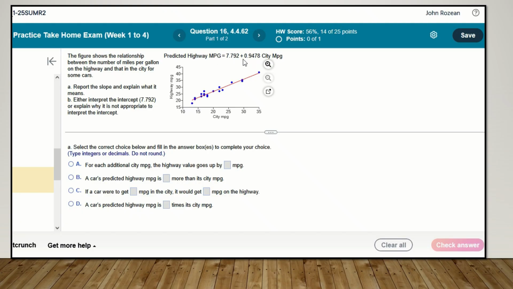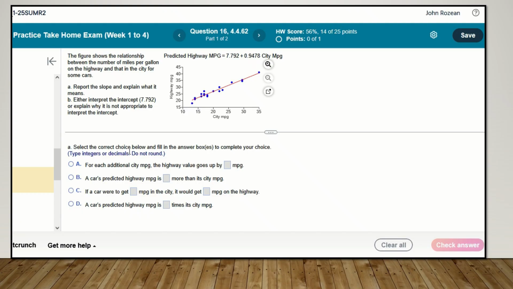And notice they give us the equation right here, and notice they put in the independent variable city mileage and the predicted highway. So the independent variable is city, dependent variable highway. Predictor variable or explanatory variable, response variable, or we could call it the predicted.